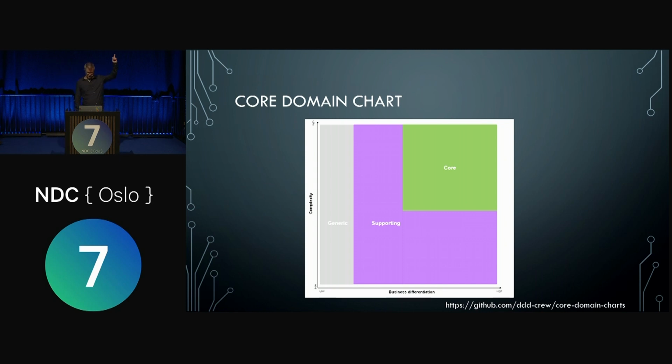There's this thing called a core domain chart, and if you were in this room before lunch, you saw Nick June talk about this as well, with lots of brilliant explanations of really good ways to use it. Mine is going to be shorter and quicker and less brilliant, but it does allow us to prioritize, because we have how much something differentiates our business on one axis, and the complexity of that thing on the other axis.